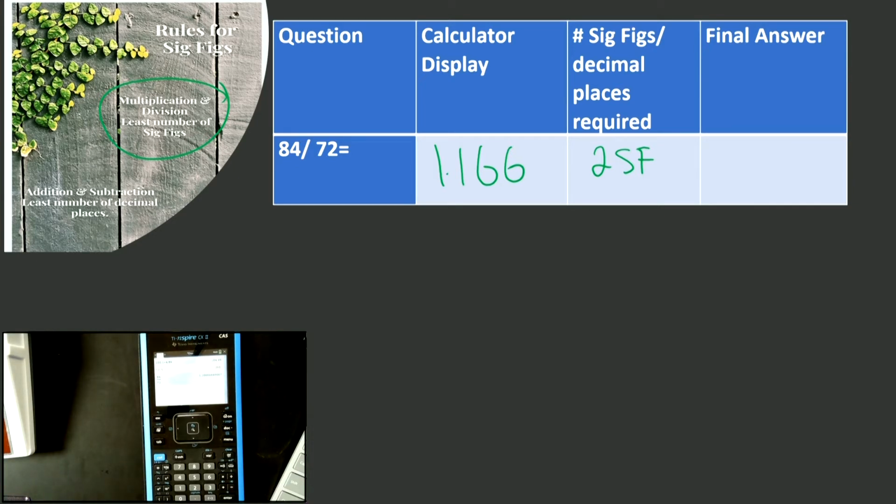My final answer can only have 2 sig figs, so that will be 1.2. The 6 will round the 1 up to a 2. So what did we do? We made sure we knew what our rule was. We identified our number of sig figs. They both had the same number, so my final answer also has 2 significant figures.